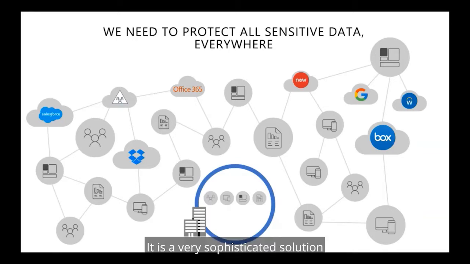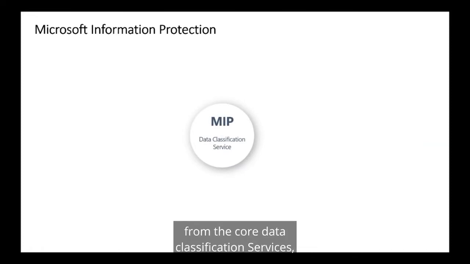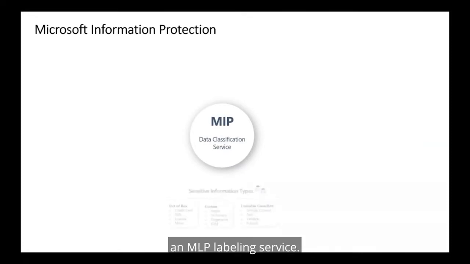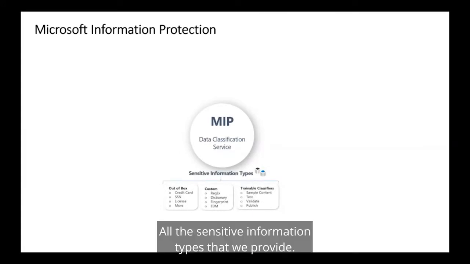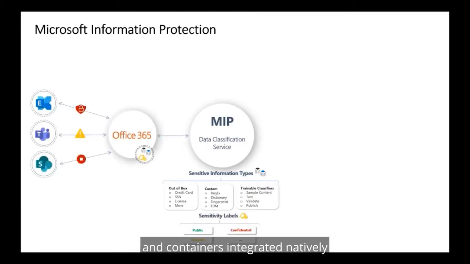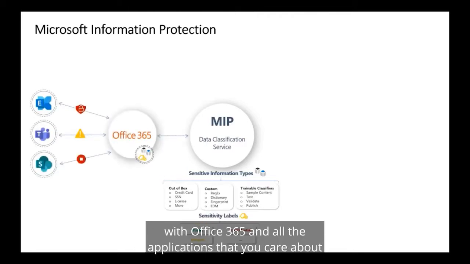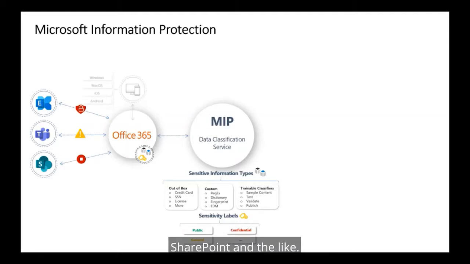It is a very sophisticated solution composed of multiple components from the core data classification services and MIP labeling service and protection components, all the sensitive information types that we provide, sensitivity labels across applications and containers, integrated natively with Office 365 and all the applications that you care about in the Office 365 system, such as Exchange, Teams, SharePoint, and the like.